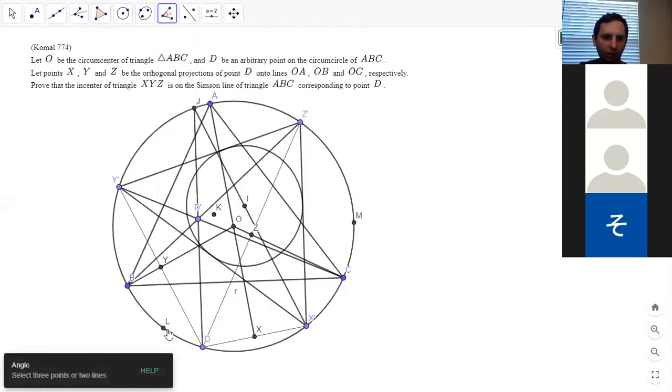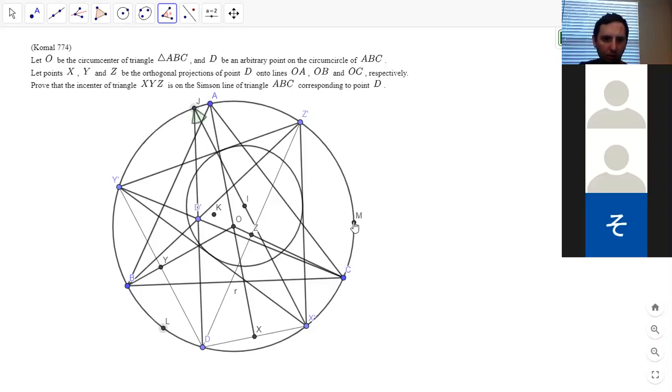Let's see. Yeah, it looks like that's true. Yeah, to show that JLM is similar to ABC.